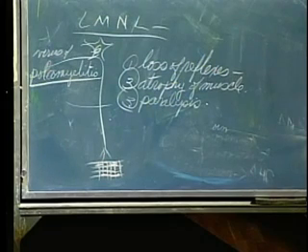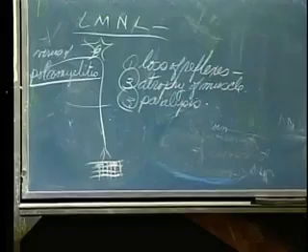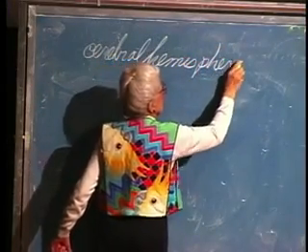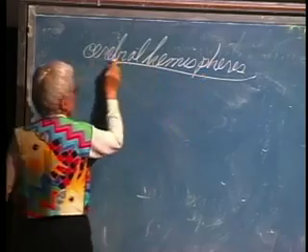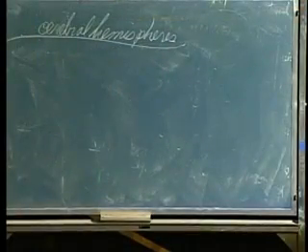So with that, we'll move on to the cerebral hemispheres. And as we said, the cerebral hemispheres account for about 85% of your brain.